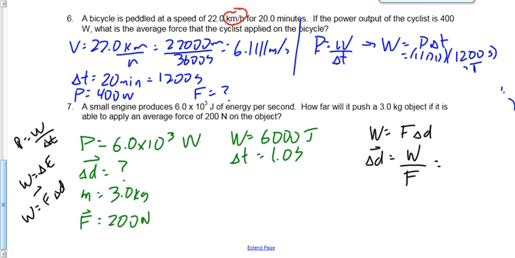Is that it? Boy, that seems way easier than I was making it out to be. Wow, how to turn an easy question into a hard question, eh? What is that, 30, I think? 30.0 meters. Boy, that's way easier than I was thinking.